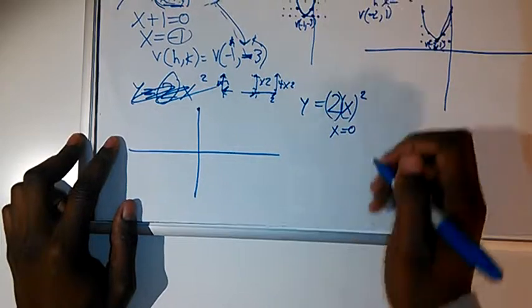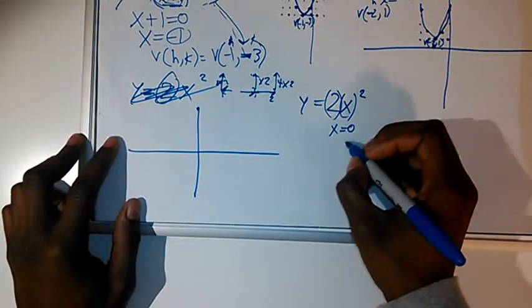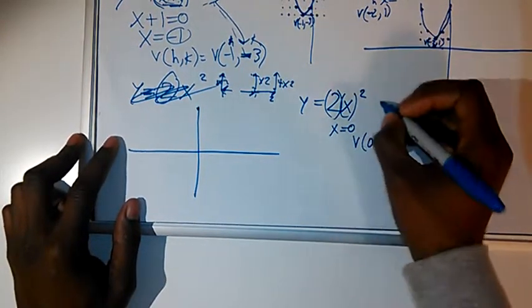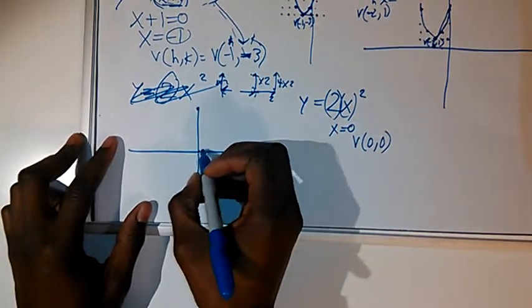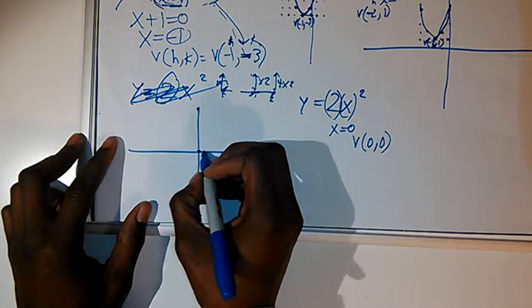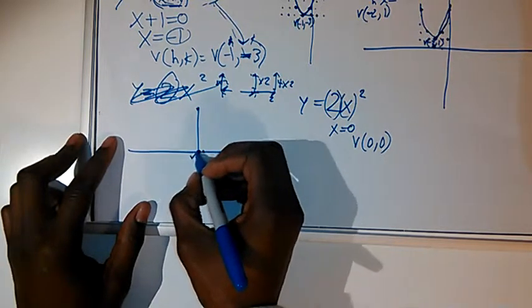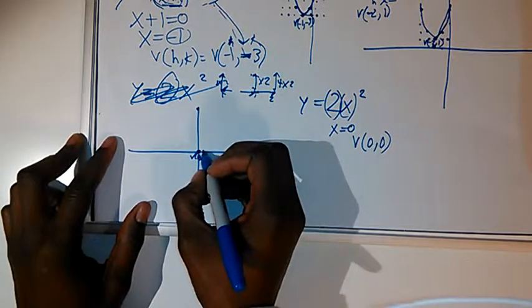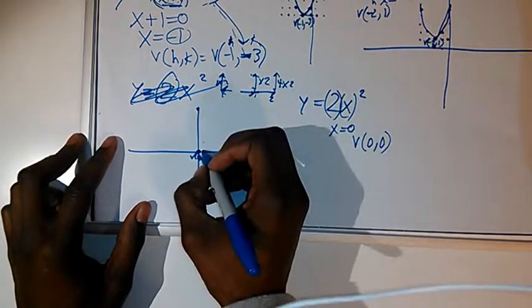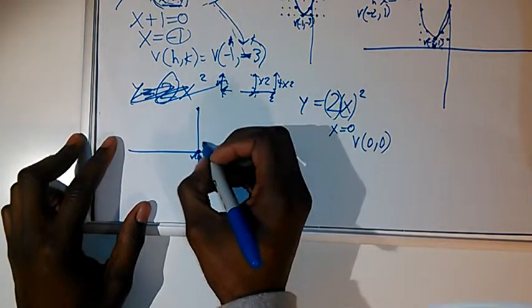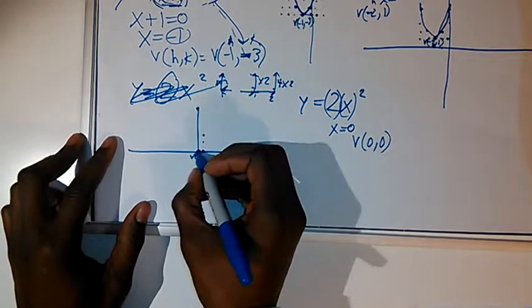Set it equal to 0. Okay, our vertex is 0. There's nothing there. This is our k. So look, here we go. Start here with the vertex. Go over once. Go up once times 2. So we're going up 1 times 2 is 2. So 1, 2. Go over to do the other side.